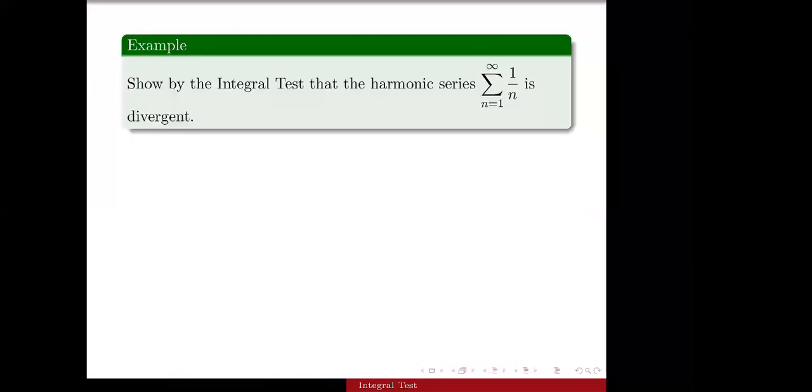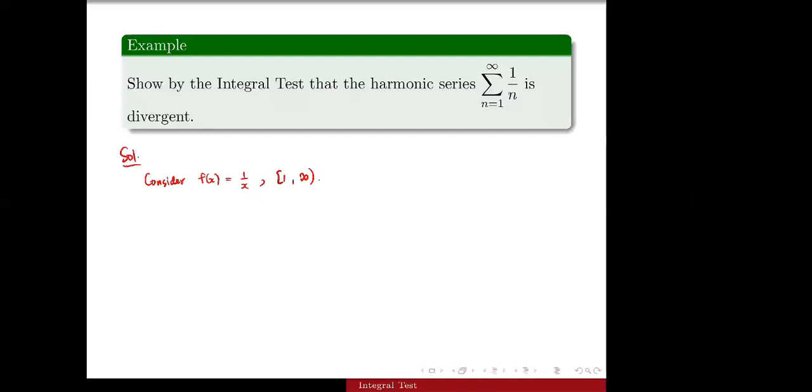Let us consider this example here. Show by the integral test that the harmonic series is divergent. Well, we've shown that this is actually divergent by a different method. But for this, let's just show. Consider f of x equals 1 over x on the interval 1 up to plus infinity.